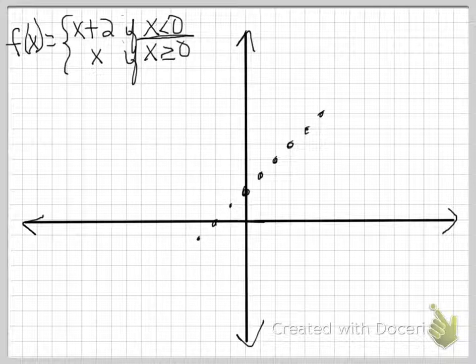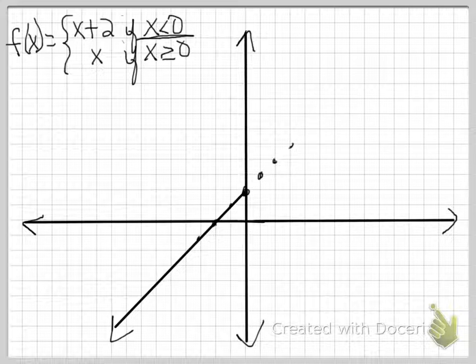My restriction is x is less than 0. That points to the left of 0, which starts right here. So everything to the right, the points I'm going to erase. So my boundary line is 0, which is the same thing as my y-axis.